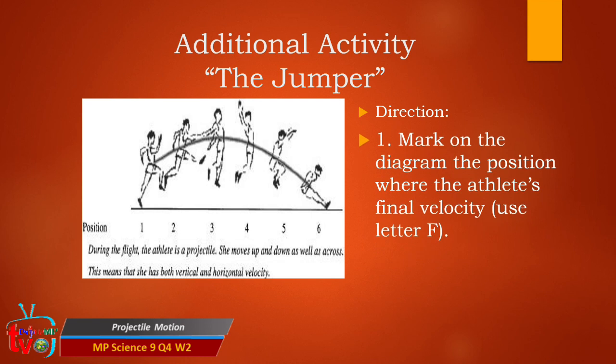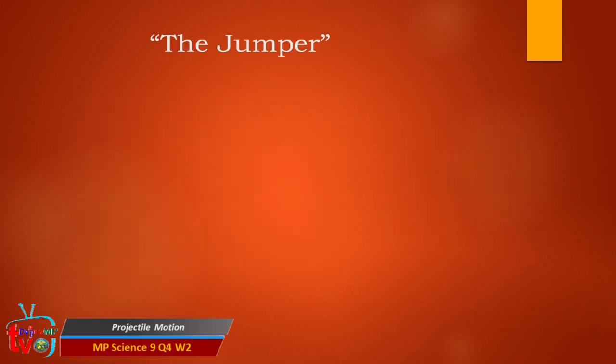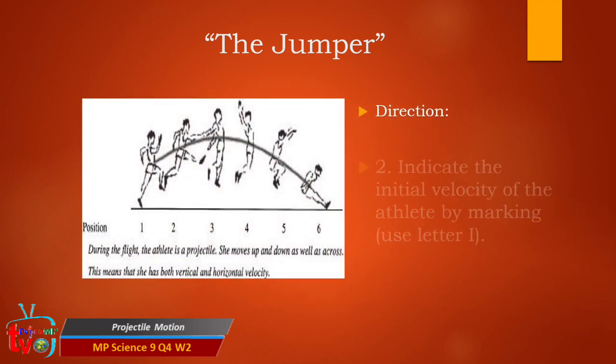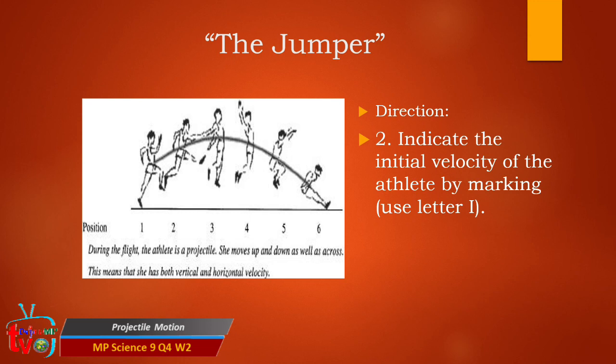Number 1. Mark on the diagram the position where the athlete's final velocity is. For this, you are going to use letter F. Number 2. Indicate the initial velocity of the athlete by marking.